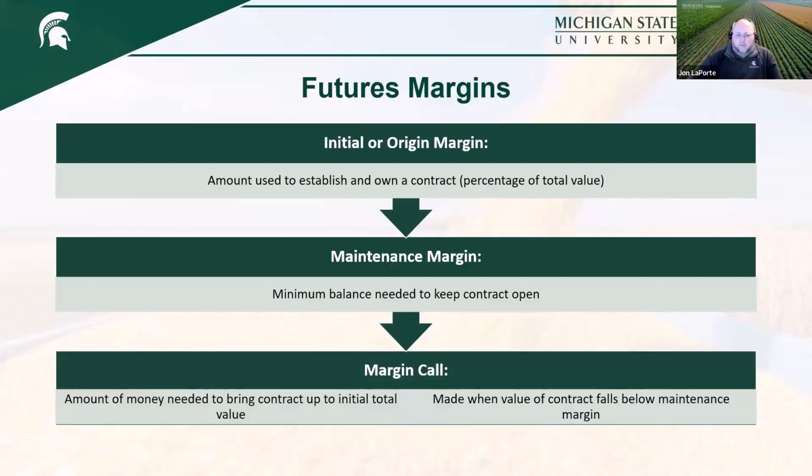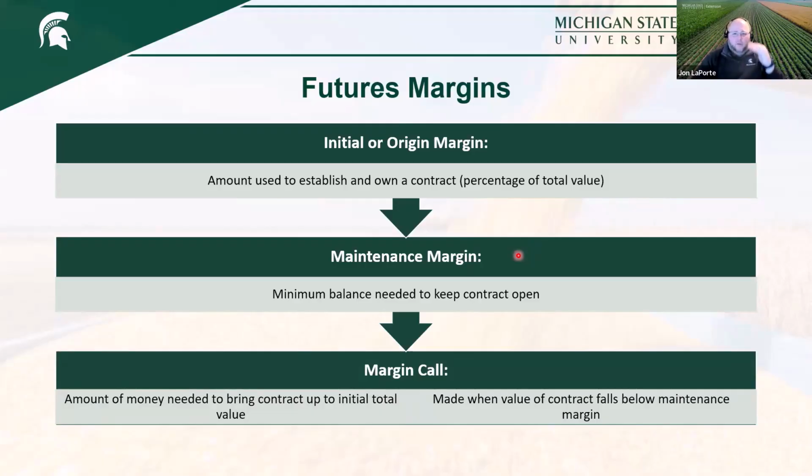So we start out with this initial margin, the money we're putting in to own that contract, to get it established. We have a maintenance margin that we use to make sure we've got a minimum amount of money sitting there, keeping ownership of that contract.